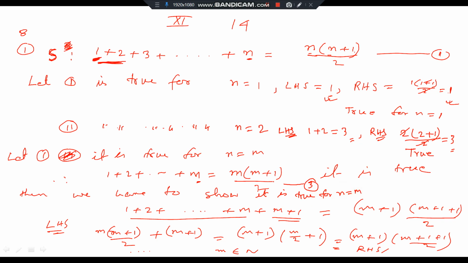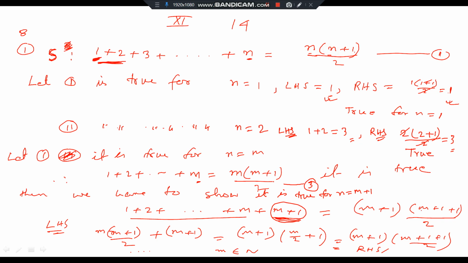So it is true for n equal to m. If you put n equal to m plus 1, now see, here in place of n, first it was m, then m plus 1. That means one term extra. This term is extra. So on the right side you put n equal to m plus 1, here also n equal to m plus 1.